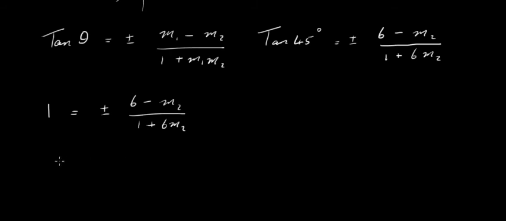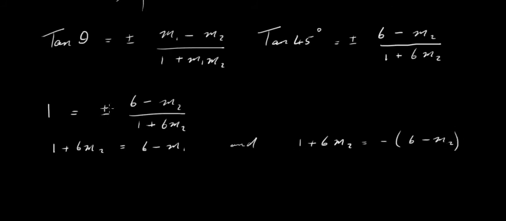That means multiply across by 1 plus 6m2. So 1 plus 6m2 is going to be equal to plus 6 minus m2, and 1 plus 6m2 is going to be equal to minus 6 minus m2. So I've just split this up here and multiplied across by 1 plus 6m2.